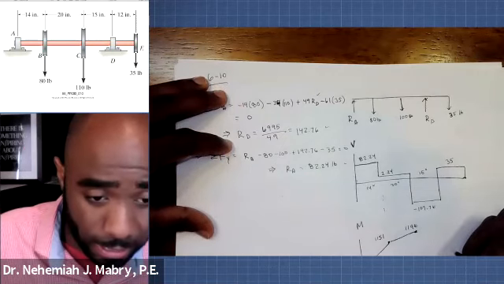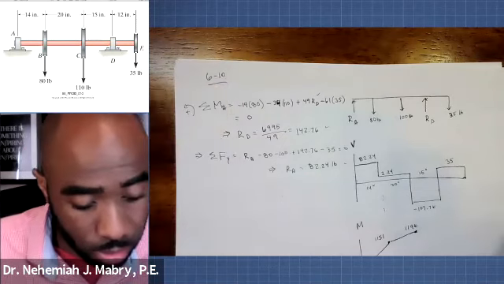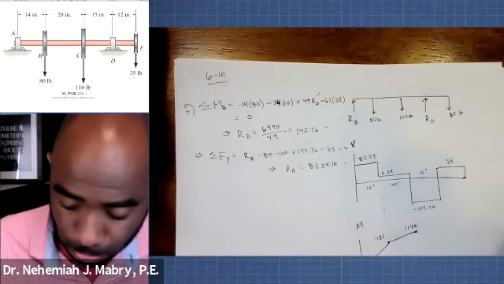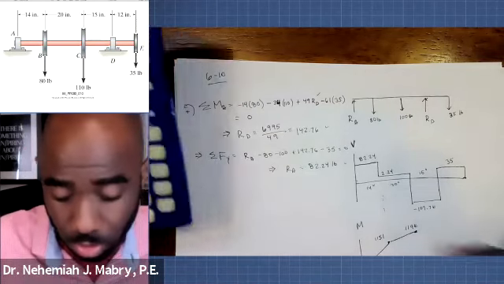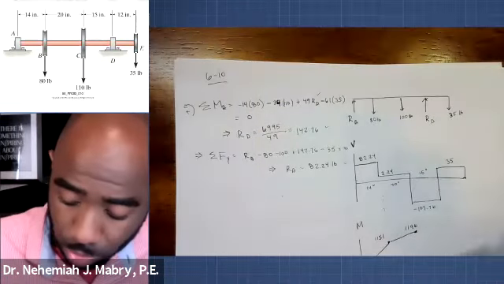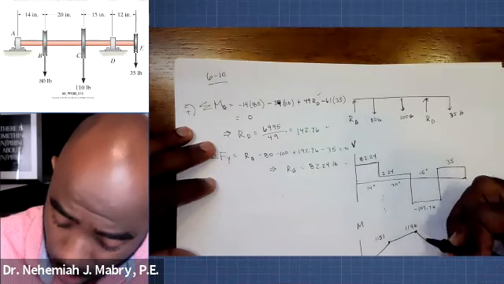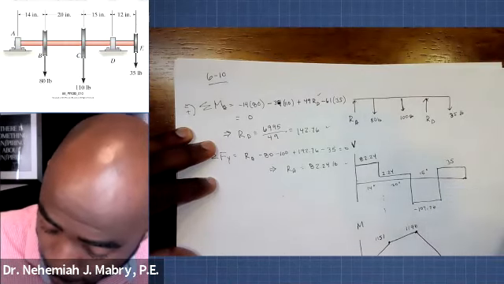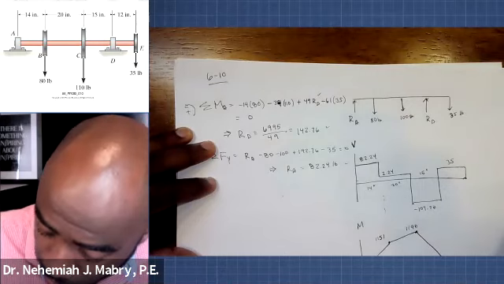Subtract from that. So subtract that. So bring this down to here. That's about a negative 420.